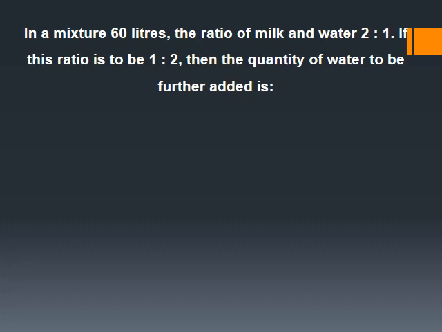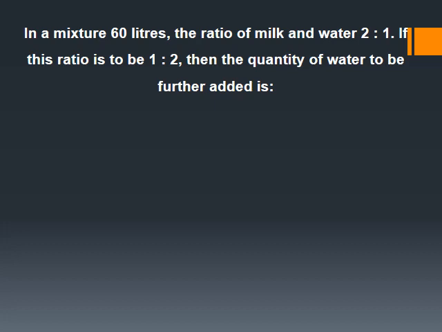In a mixture of 60 liters, so the total amount of the substance is 60. In that, the ratio of milk and water is 2:1. That means out of 60, 2 parts will be milk and 1 part will be water. So if it is 2:1, we can say 2/3.